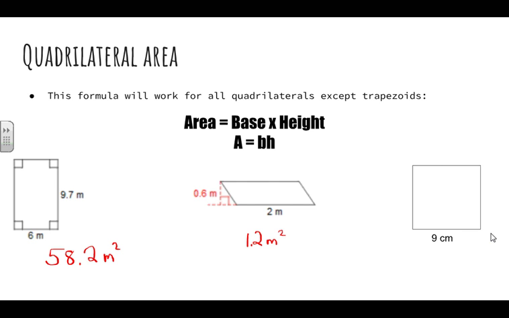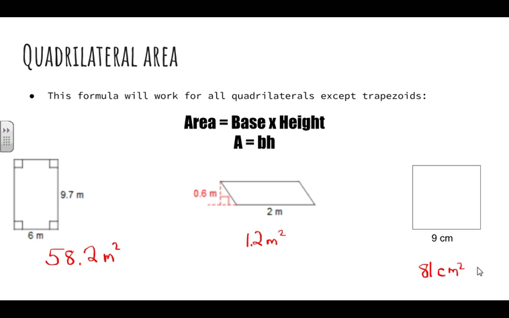And squares have sides that are all the same size. So every side of this square is 9 centimeters. So we would multiply base times height, and that would be 9 times 9. And we would get 81 squared centimeters.